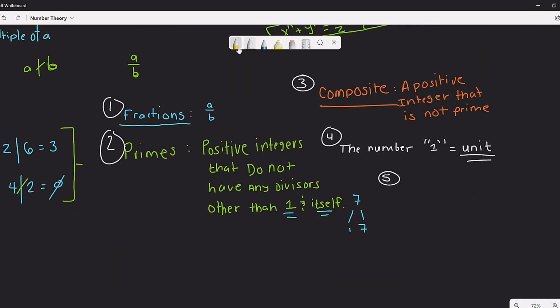Another class of numbers are called amicable numbers. And amicable numbers are numbers that have some unique relationship. An integer that has a unique relationship with another integer that can't be cleanly proven, that relationship.